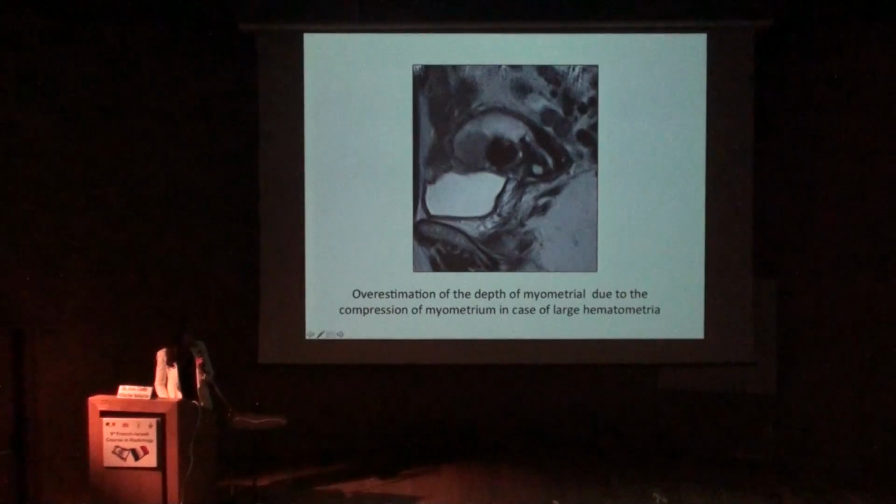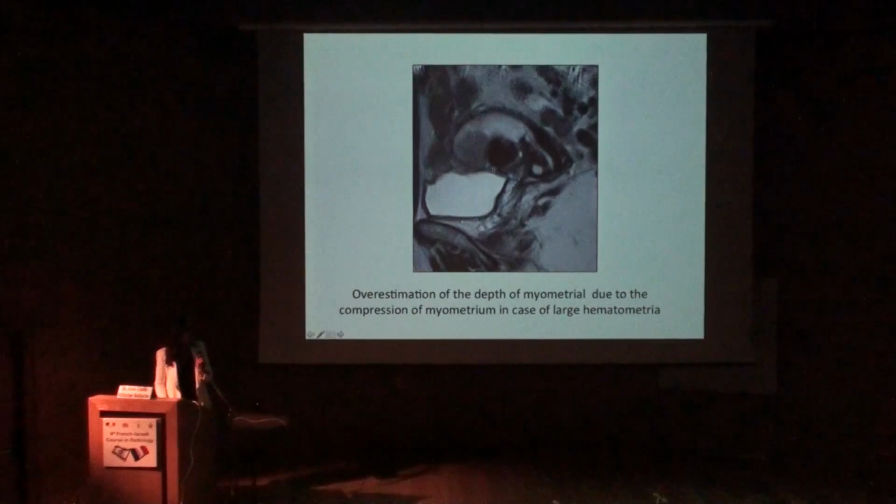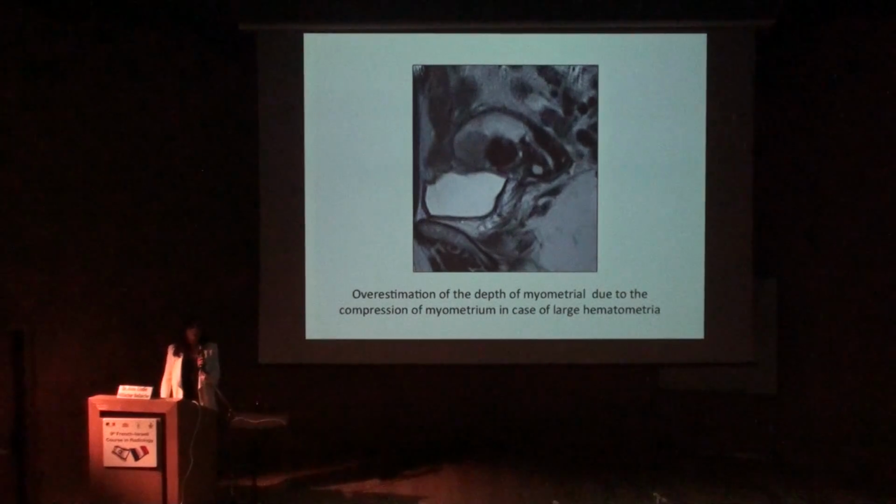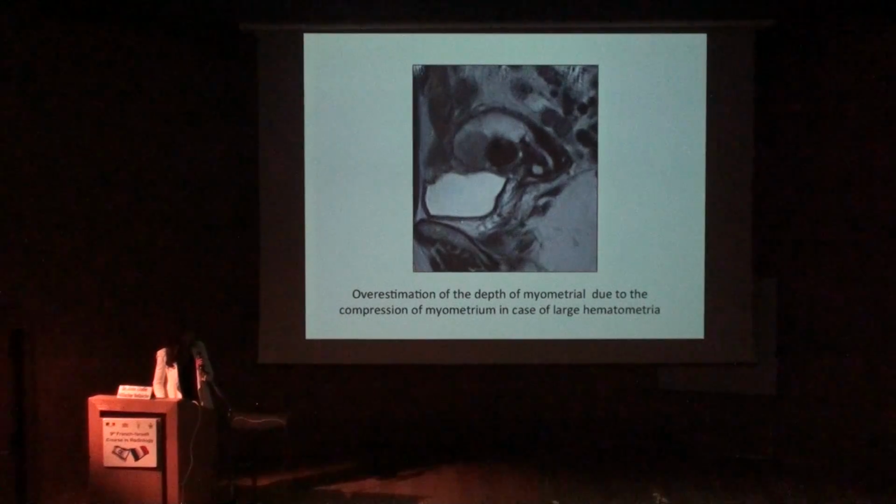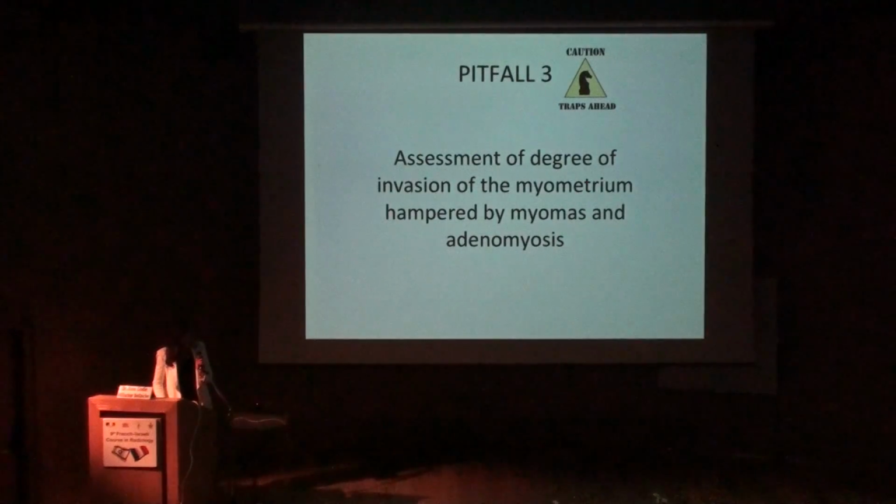As you can see here, there is a big hematometria which blows up the cavity, and it's difficult to know if there is invasion throughout the myometrium or if it's just the effect of compression by the hematometria. So we know that we are not very fair concerning the presentation of hematometria.